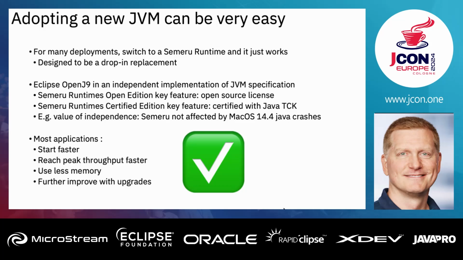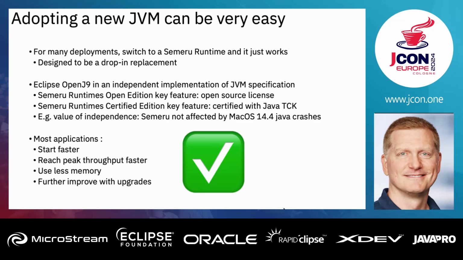That actually didn't affect Semeru Runtimes because we don't generate code the same way in Semeru Runtimes and OpenJ9 on that platform as Hotspot does. Everyone else uses Hotspot, so everyone was affected by that except us because it was a separate implementation. That's not going to come up every time, and it's not always going to be in our favor that there's a difference, but it just happened to be that one was in our favor.